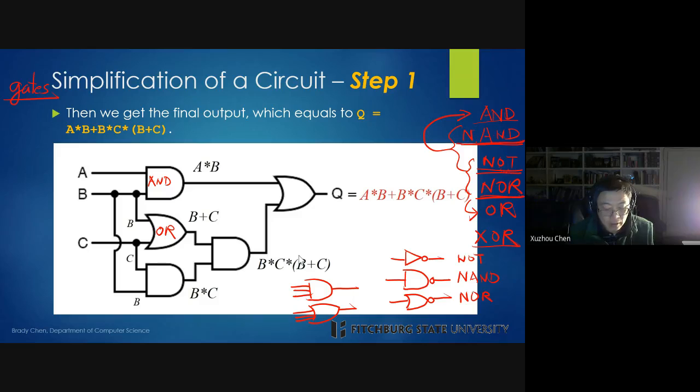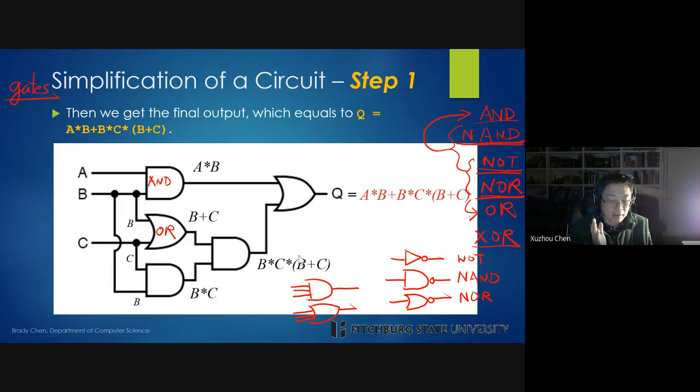We know that you can build many different Boolean expressions with the same truth table. That means you can build different Boolean expressions which perform the same functionality. So you can build the same truth table.